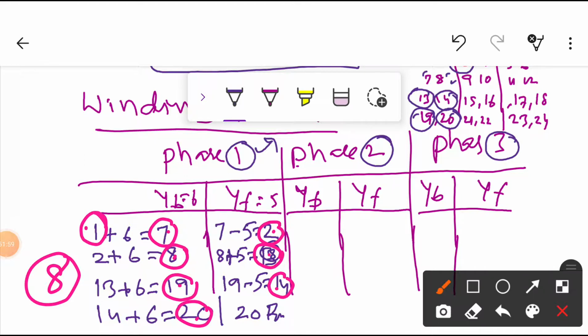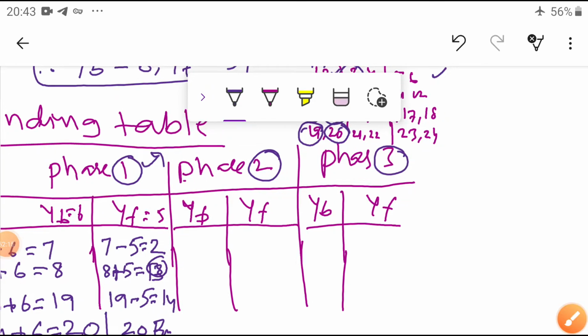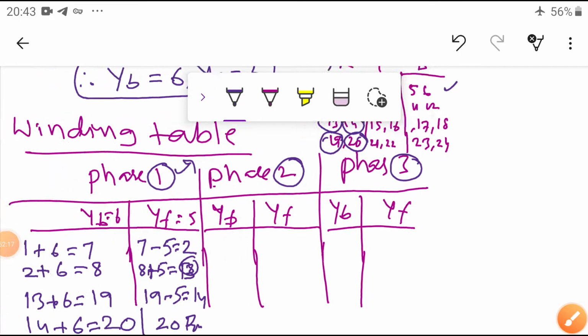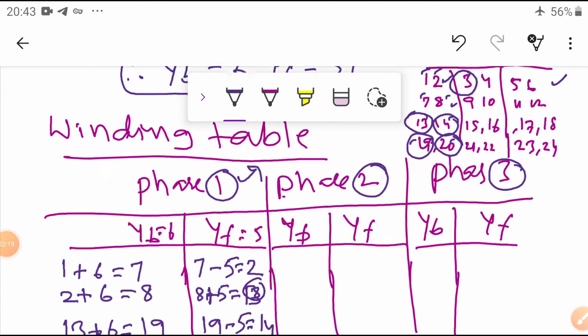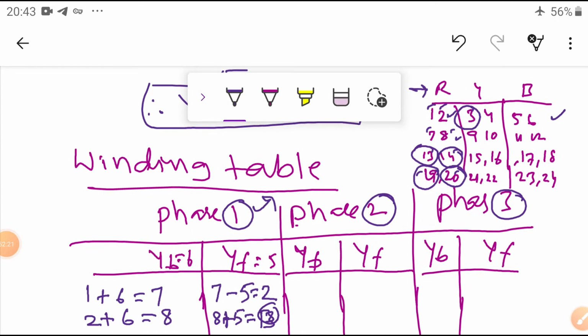Now, in case you connect to the B phase, so here connect to the Y phase. Okay, so what has happened? I am placing the third conductor. So, the third conductor I am going to place at 3 here.